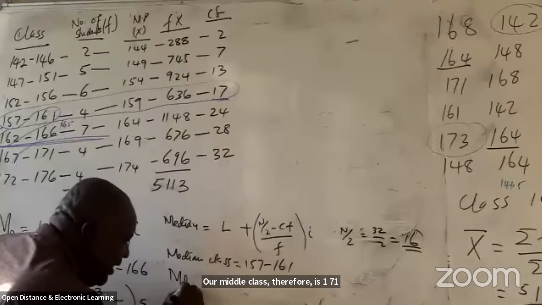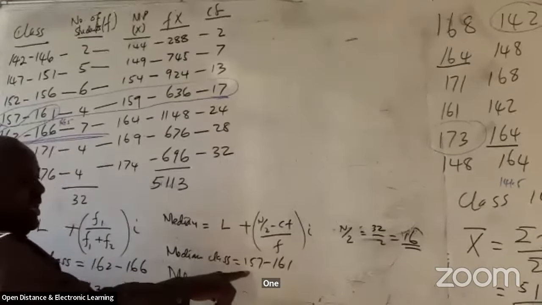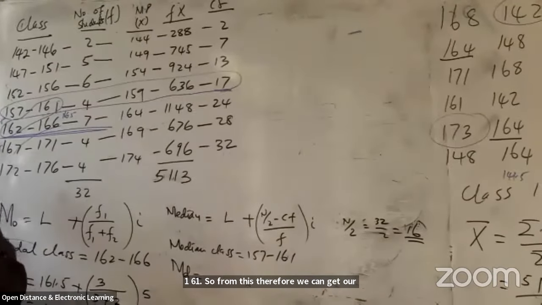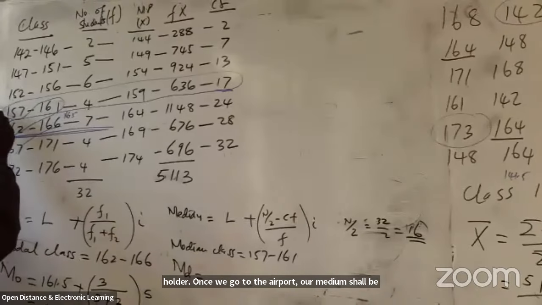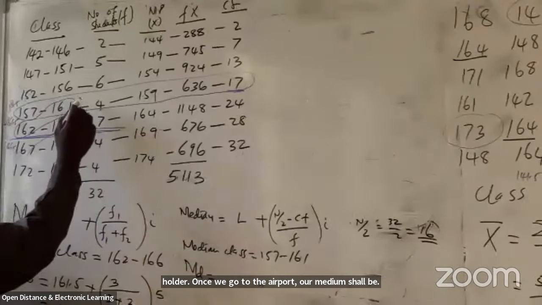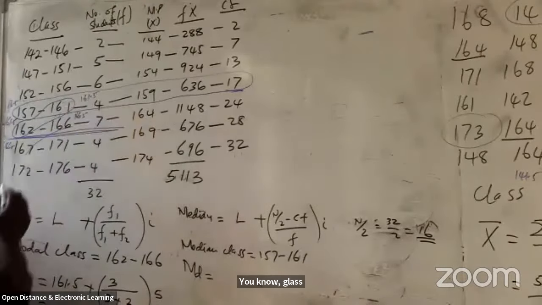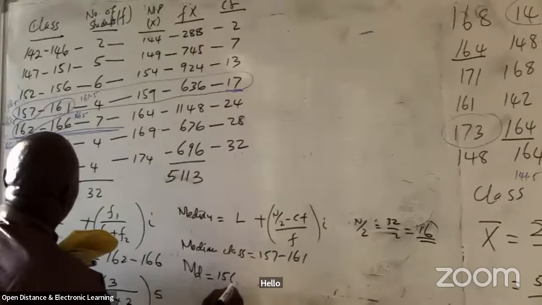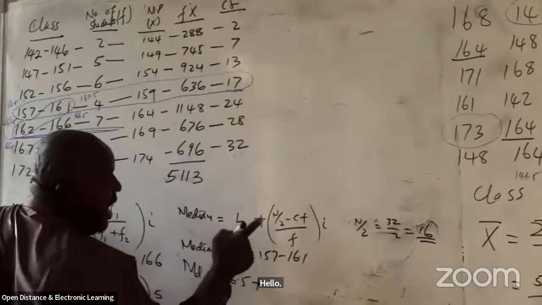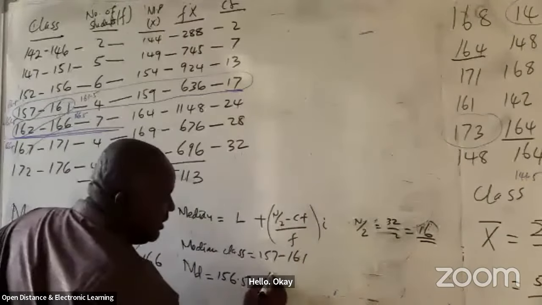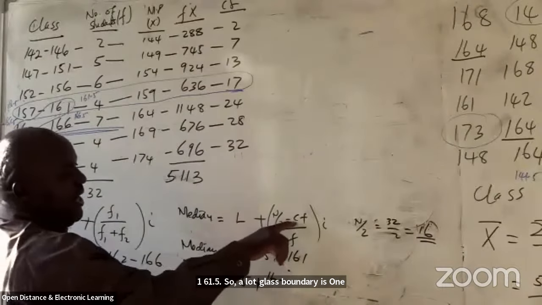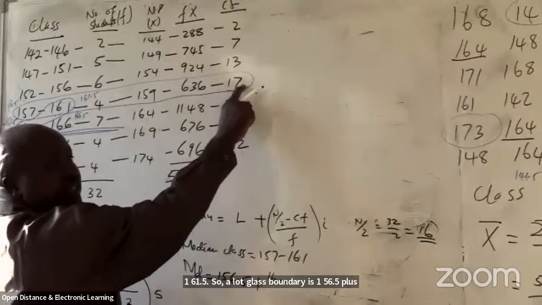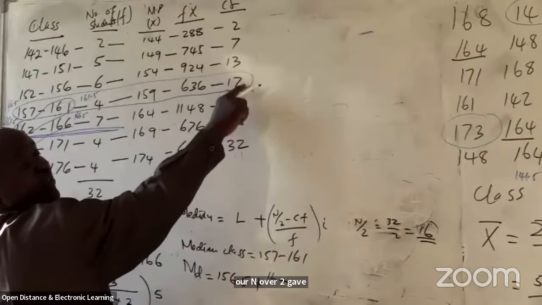Consequently, our median shall use the lower class boundary of this. Look at the distribution. This will extend from 156.5 to 161.5. So our lower class boundary is 156.5, plus our n over 2, which gave us 16, minus the cumulative frequency up to the class preceding.